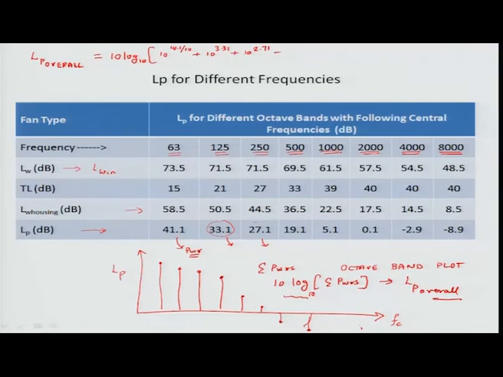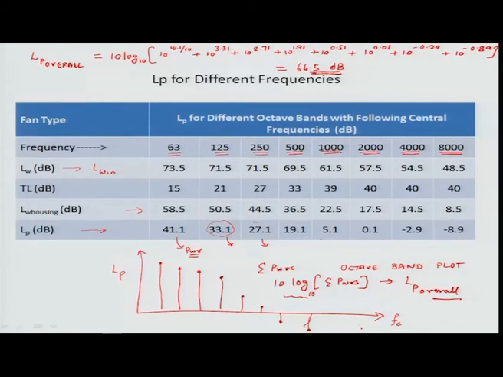Fourth number is 10 to the power of 19.1, so 1.91, plus 10 to the power of 0.51, plus 10 to the power of 0.01, plus 10 to the power of minus 0.29, plus 10 to the power of minus 0.89. If you add up all these numbers and take 10 log 10 of this, you end up with 66.5 decibels.